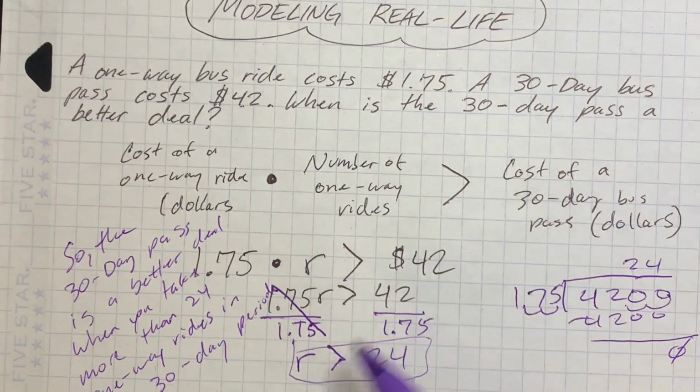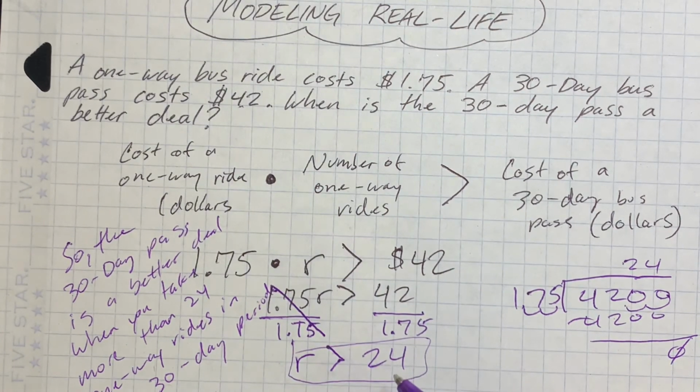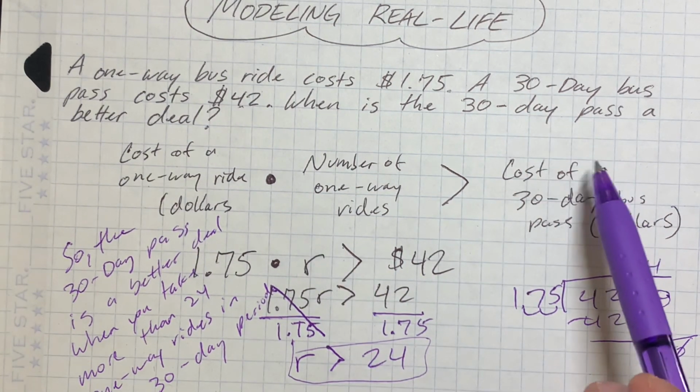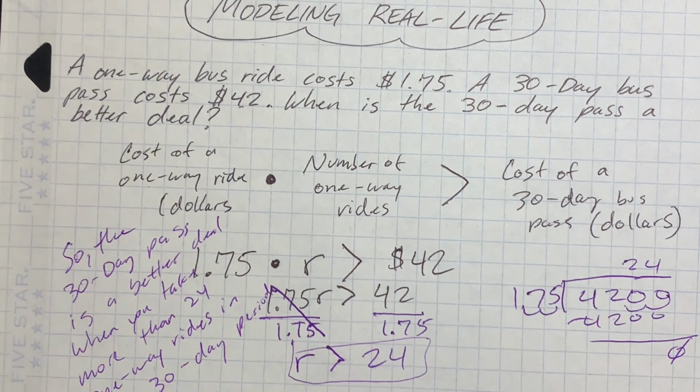So yes, you do have to invest in that bus pass, but to make your money back and make your money's worth, you do have to take 24 bus rides to buy the pass. So the pass is a better deal. Okay, so that's basically it, guys.